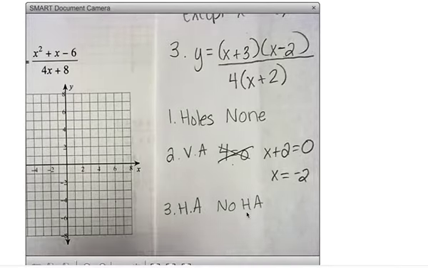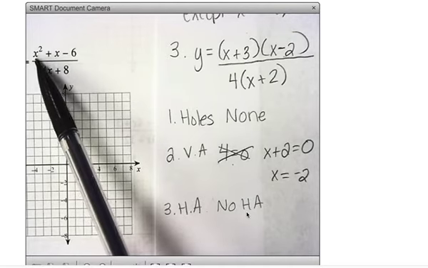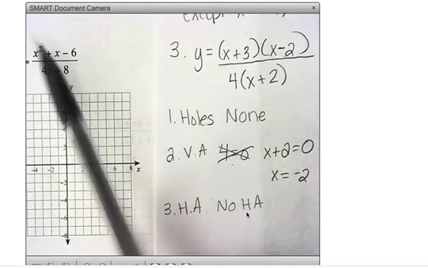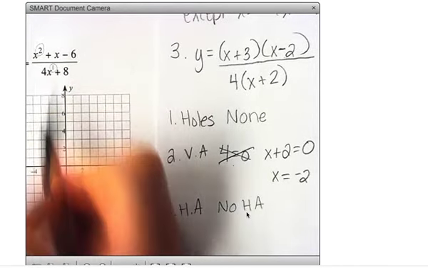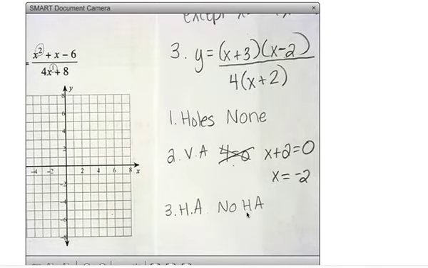Well, this is the one you look at. How did you get to no horizontal asymptote? You're looking at this 2 and this 1, because those are the exponents on the top and the bottom. So it's bigger on the top. Look at your notes: bigger on top, no asymptote.